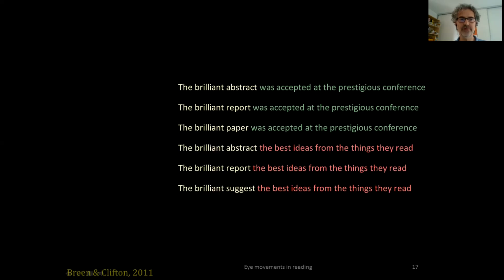In this kind of word, the brilliant abstract was accepted, but the brilliant abstract the best ideas. So this and this, they look the same, they have the same orthographic word form, but they don't have the same phonological word form.